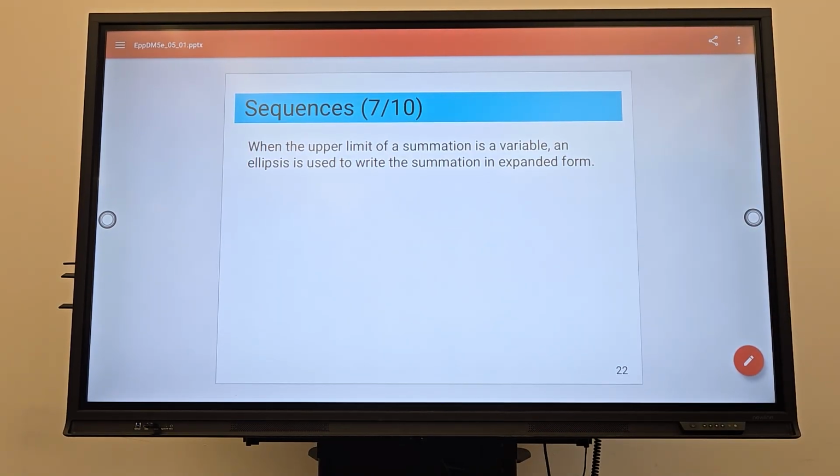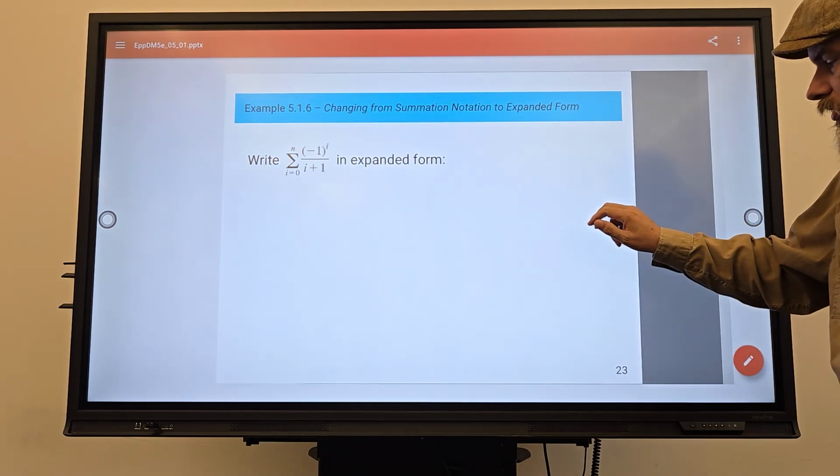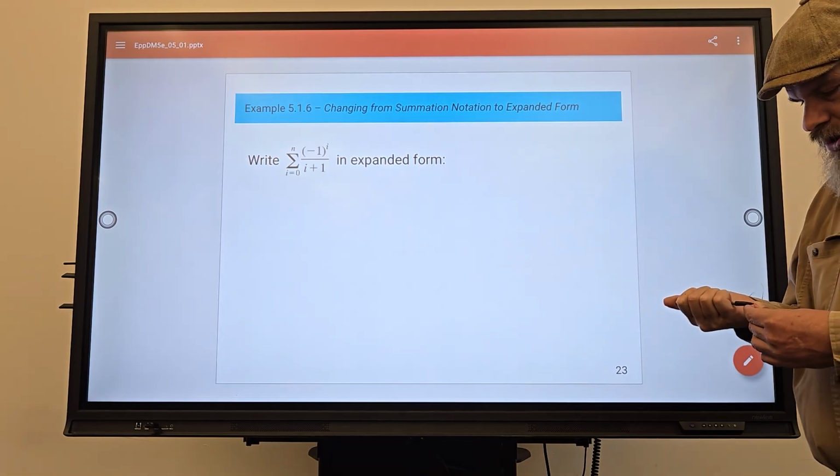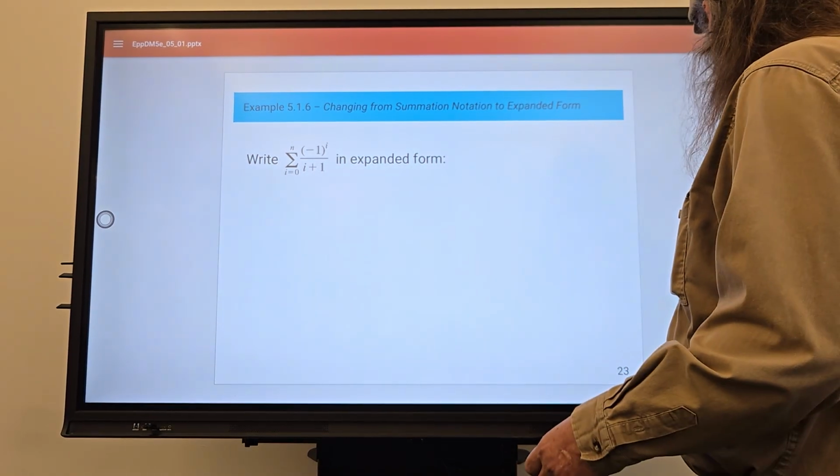When the upper limit of a summation is a variable, an ellipsis is used to write the summation in expanded form. So write the summation of this in its expanded form. Let's see here.